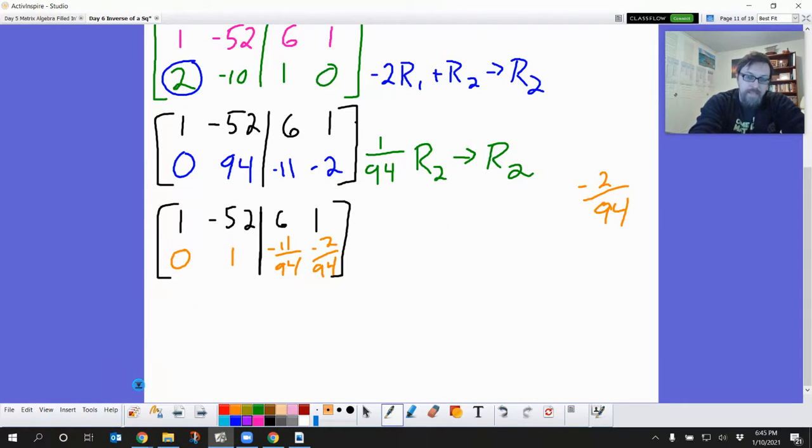All right, last step. We just got to deal with that 52. So let's just get 52 row 2's. We'll add that to row 1. And then that'll be our new row 1.